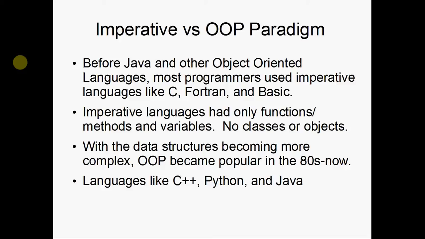These imperative languages only had functions and variables, or another word for function is methods. They didn't have classes or objects. But with data structures becoming more complex, object-oriented programming became popular, starting in the 80s up until about now. These include languages like C++, Python, and now Java.